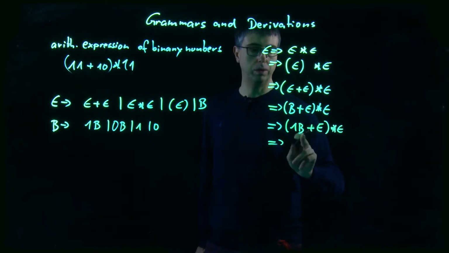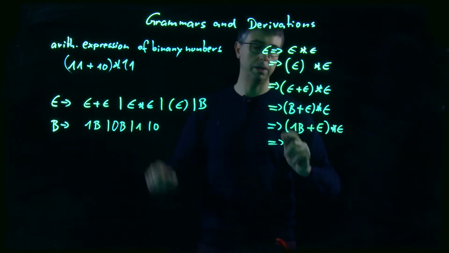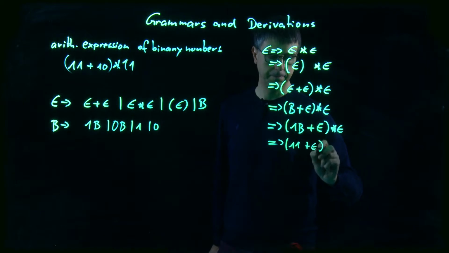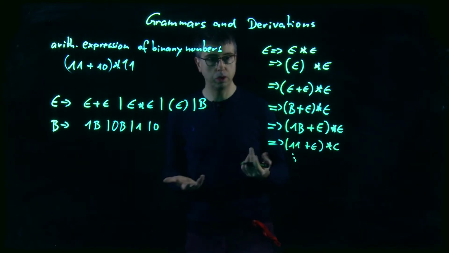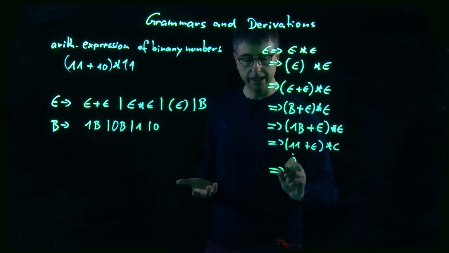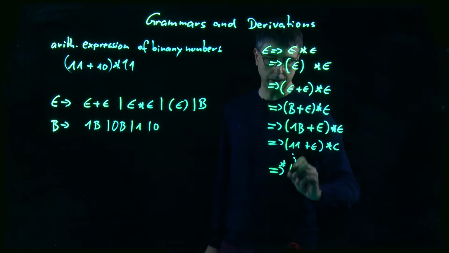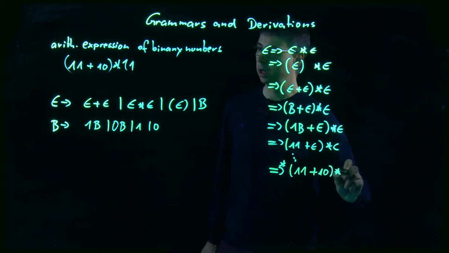And then we replace this B using this rule here by another 1. So we get 11 plus E times E. And so on. You see how it works, I hope. And in the end, we'll end up with the expression that we would like to construct, and this one, 11 plus 10 times 11.